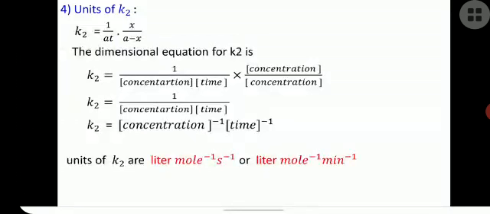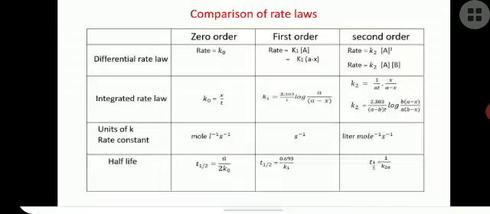Therefore, k2 is equal to 1 divided by concentration into time, that is, concentration inverse into time inverse. If concentration is expressed in moles per liter and time in seconds, the unit of k2 becomes liter per mole per second, or liter per mole per minute.